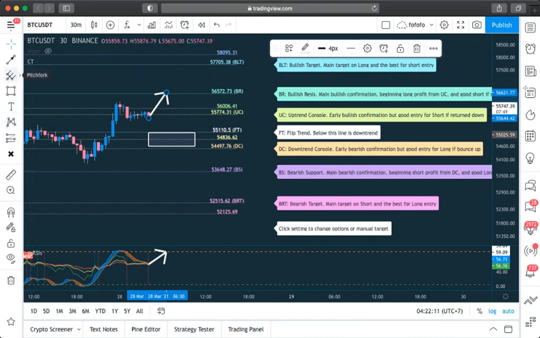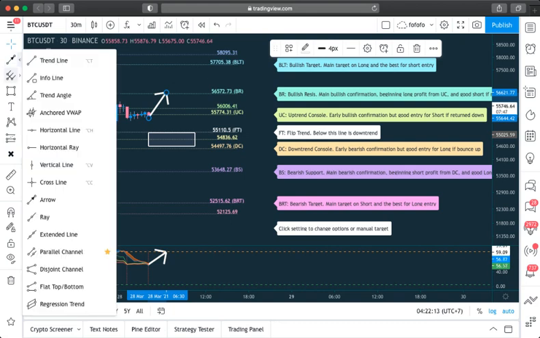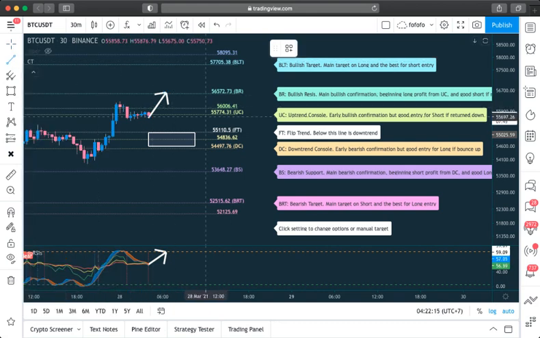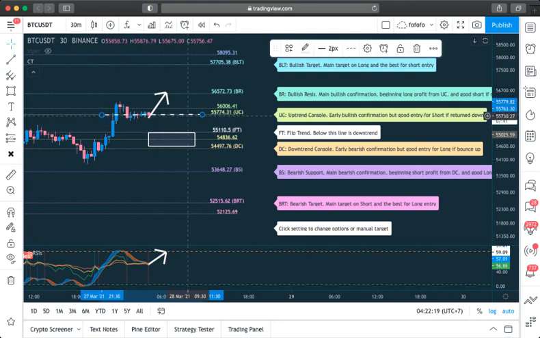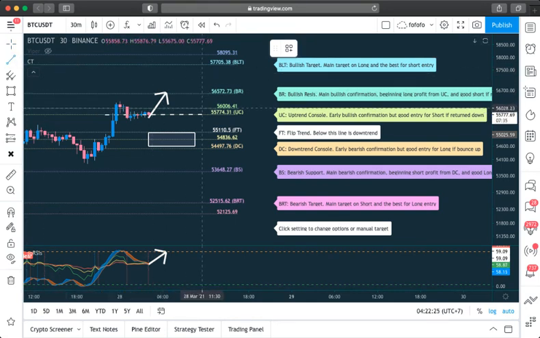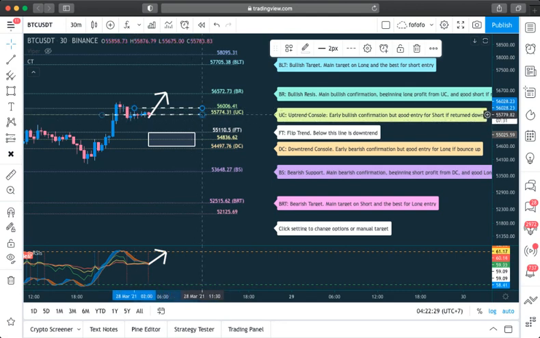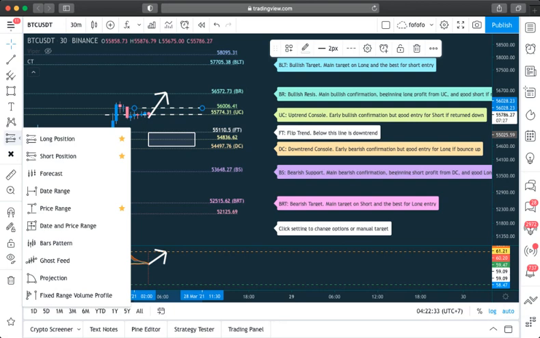breakout validations. The breakout validation is if the candle opens above this uptrend console, maybe in this area or in this area, maybe at 55,700 or above 6,000, we can do an entry for long.